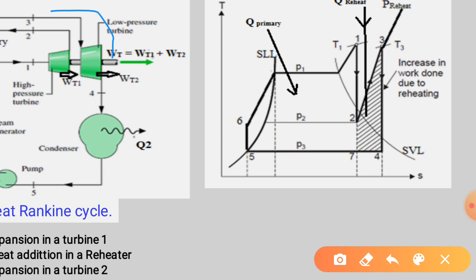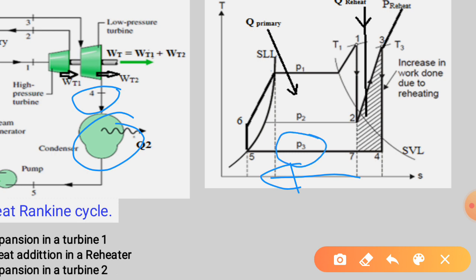After this, from state 4 the steam enters the condenser. So 4 to 5 is a phase change process. As you know, it undergoes condensation by rejecting heat energy. Condenser pressure is P3 here, and boiler pressure was P1.